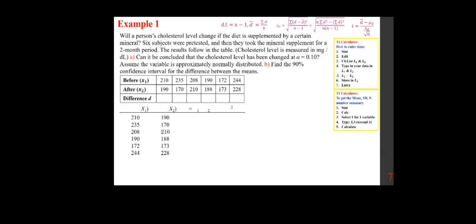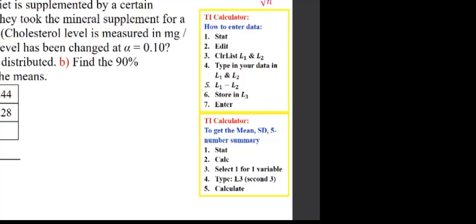As you can see on the right side, I have shown you how to use a TI calculator to make life easy. First and foremost, you clear the lists and you put the information in L1 and L2. Now, what is L1? Before. What is L sub 2? After. And then when you want to do the calculation, it is L1 minus L2 that you can store in L sub 3 and enter it.